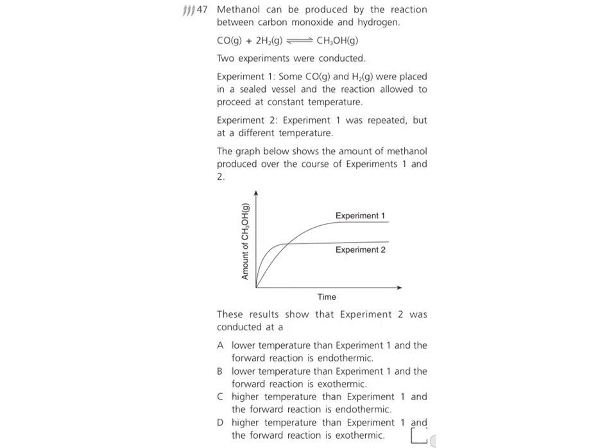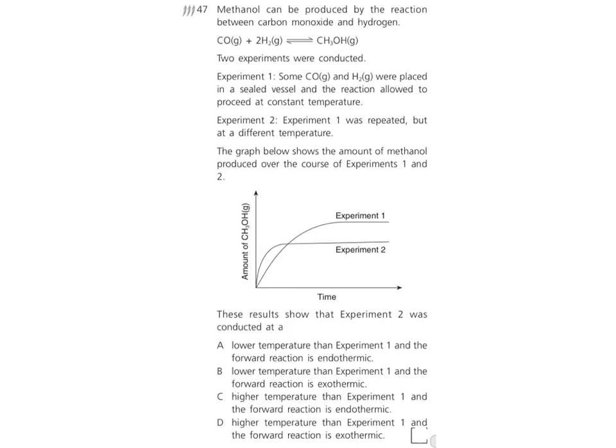All right, in this question we're told that methanol can be produced by reacting carbon monoxide with hydrogen. 2 experiments have been done. In the first, CO and hydrogen were placed in a sealed vessel, and the reaction allowed to proceed at constant temperature. In the second experiment, the first experiment was repeated, but at a different temperature.